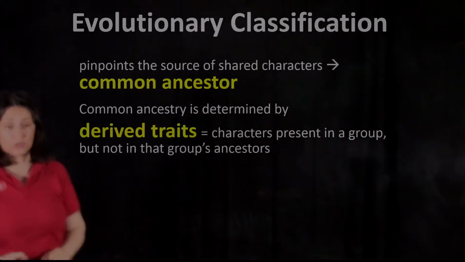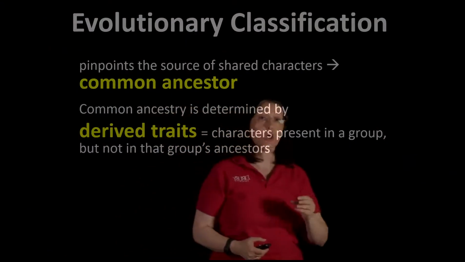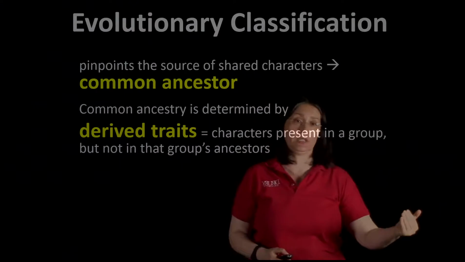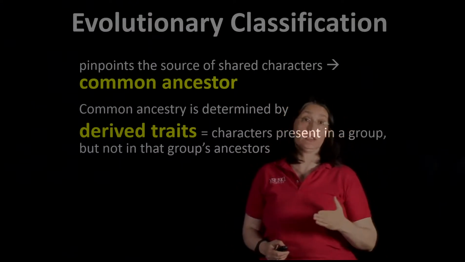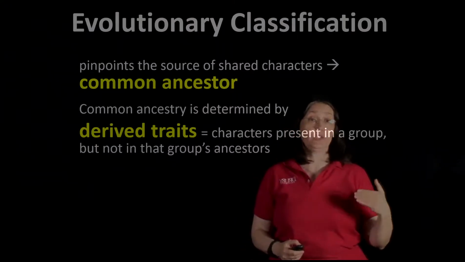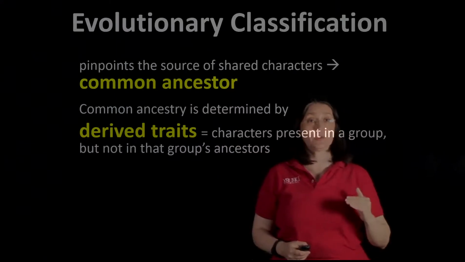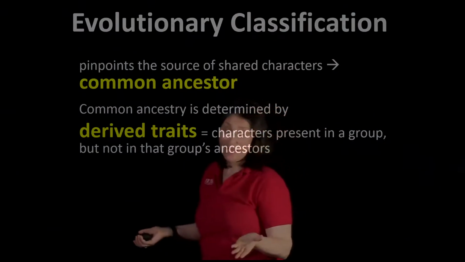And common ancestry could be determined according to what derived characters a group versus previous groups has derived later on. So a derived character is a heritable character or heritable trait that a new group of organisms has acquired, but its ancestors don't have it.